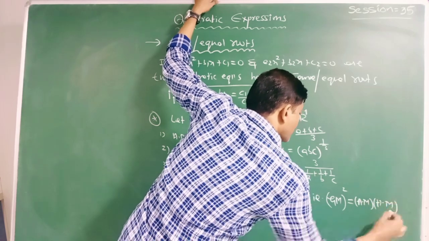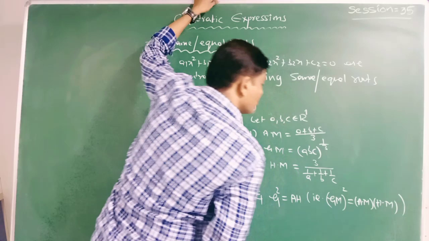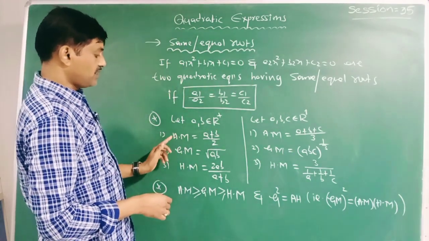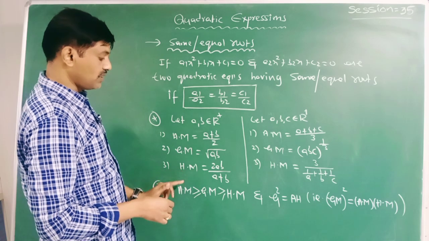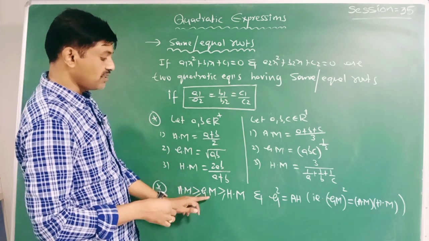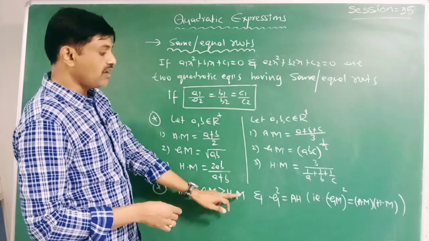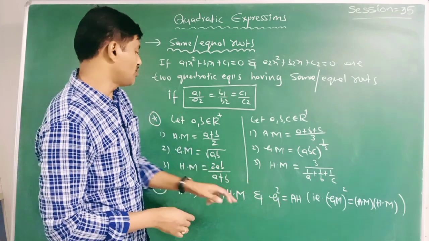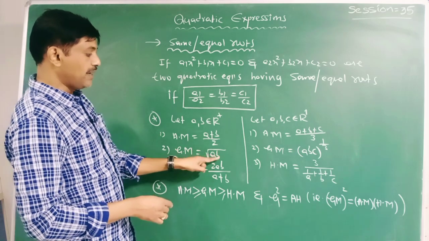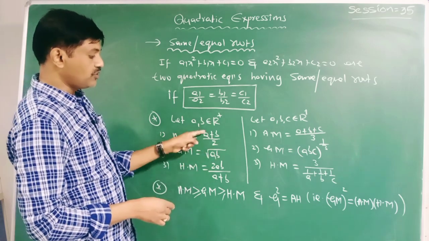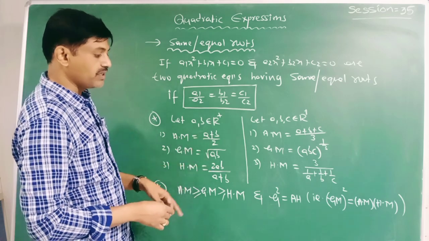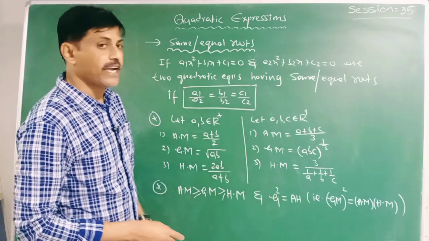So these are some conditions of arithmetic mean, geometric mean, harmonic mean. If G square is equal to AH, squaring and multiplying these two, A plus B cancels, 2 cancels, again we are getting AB. Therefore G square is equal to AH.